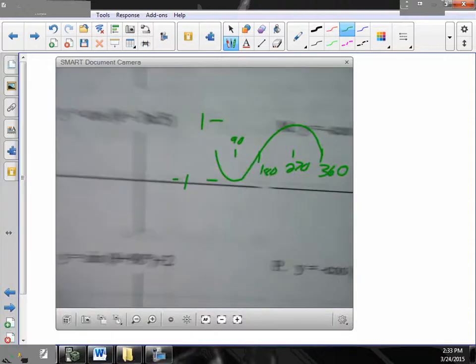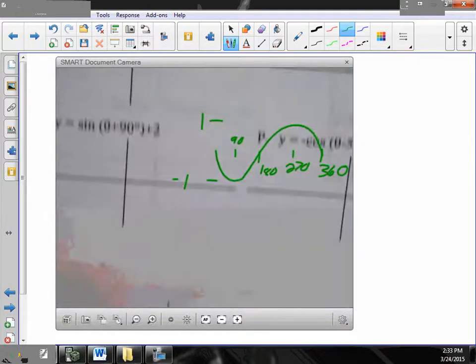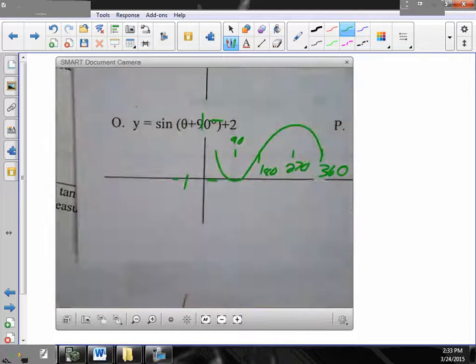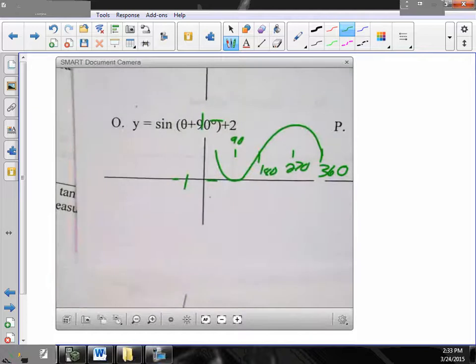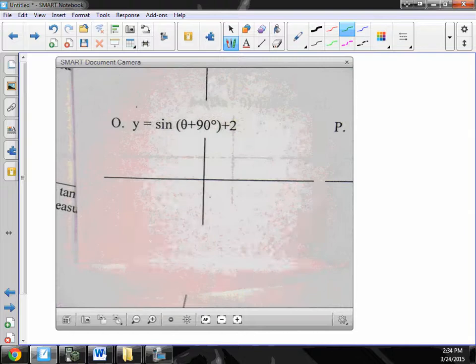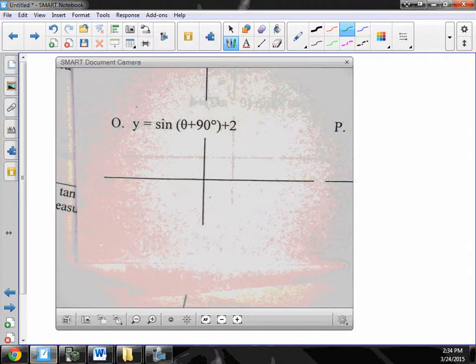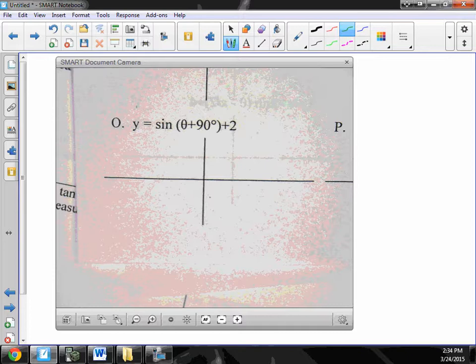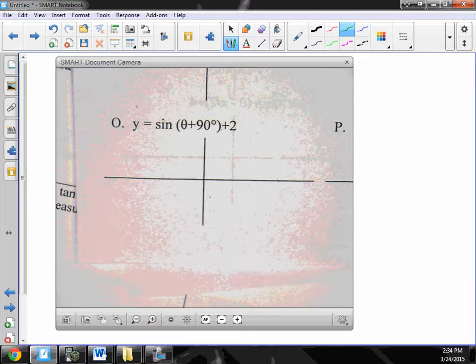Letter O. Describe for me what's happening here. Left 90 and up 2. Does the order matter? If I go up 2 and left 90, is that different than left 90 and up 2?